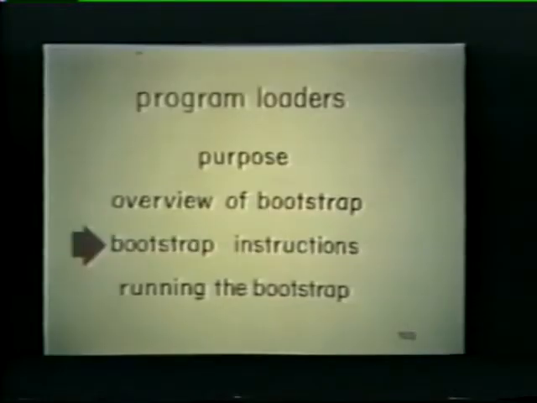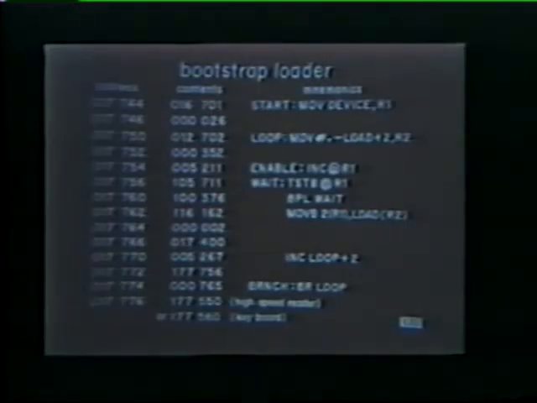We have seen how the Bootstrap Loader is used to deposit the Absolute Loader program in memory. Now, let's look at the actual instructions that make up the Bootstrap Loader. Here are the 14 instructions that make up the Bootstrap Loader. It looks complicated, but don't be concerned. We'll step through the program instruction by instruction.